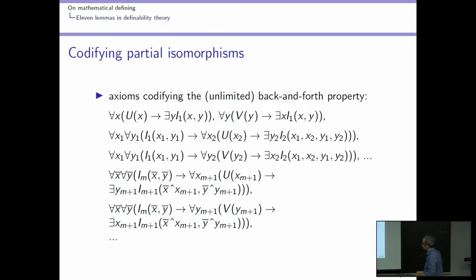This is the forth, and this is the back. If I had already extended one step, then for every y2 in the range, I can find some element in the domain such that this double extension is still a partial isomorphism. And, well, etcetera for M. This is the axiom for M.